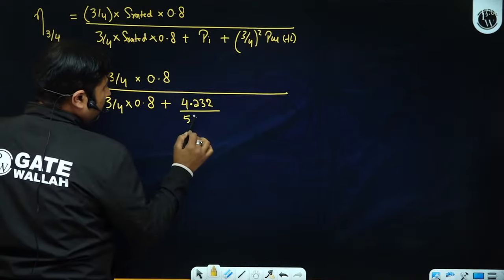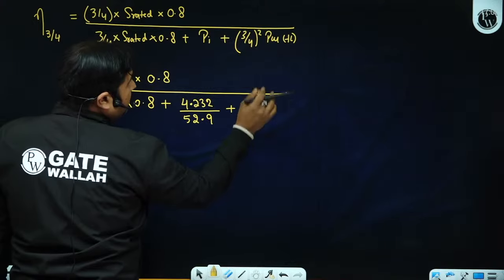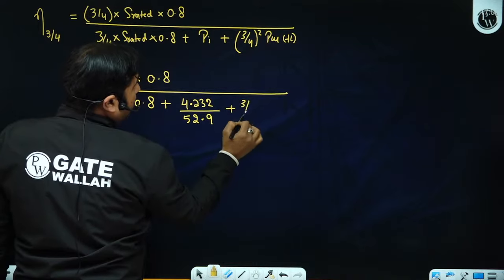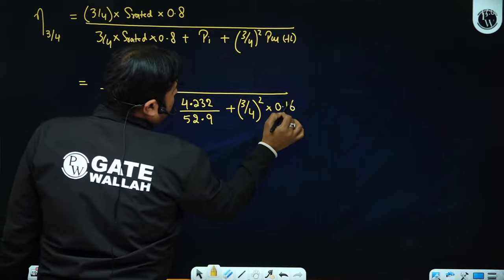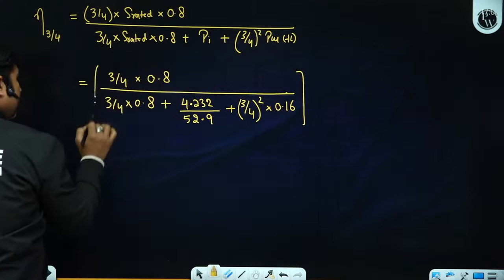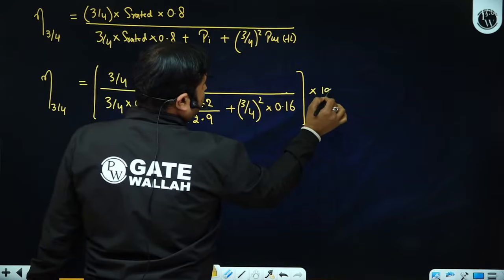So 52.9 plus, if you represent PCU FL by S rated, that will be R per unit only, and already we have R per unit. Okay, so you can calculate efficiency at 3/4 of full load.